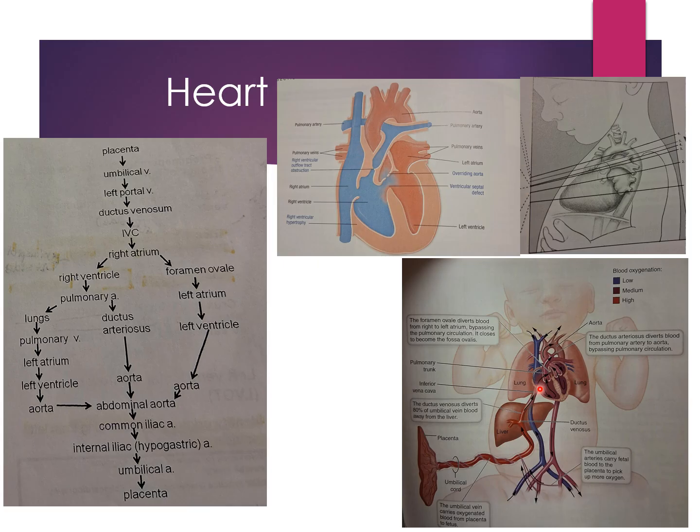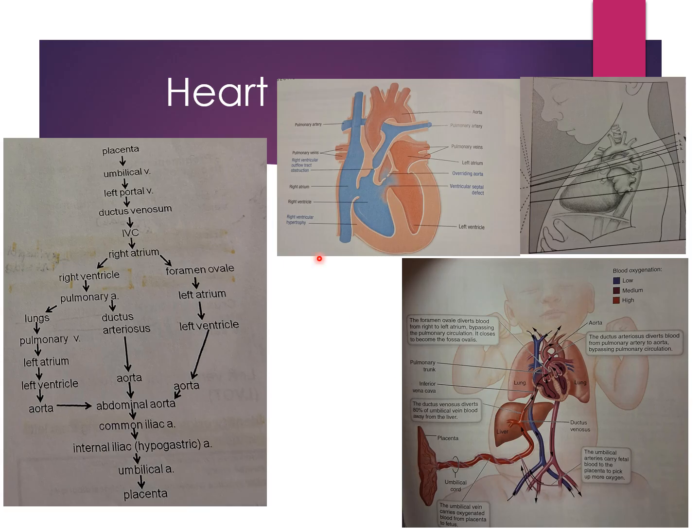Either way, ending up in the aortic arch, into the abdominal aorta, down into the iliac, going into the internal iliac, and then the umbilical vein, which you can see coming back up here, connecting into the placenta.